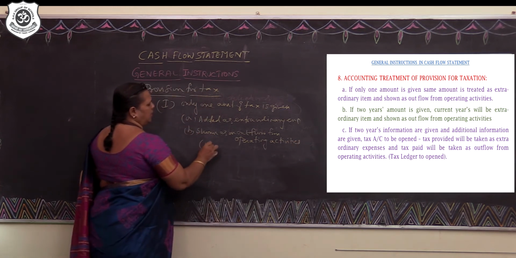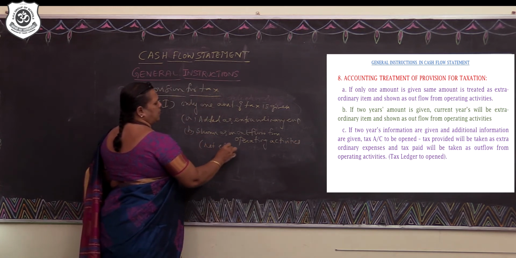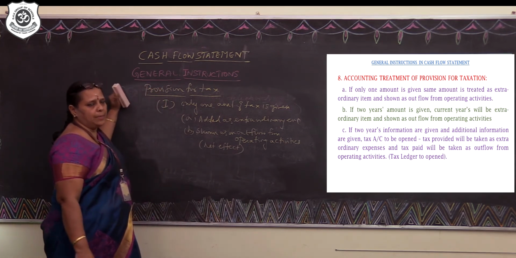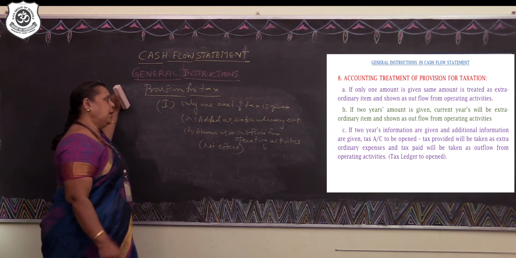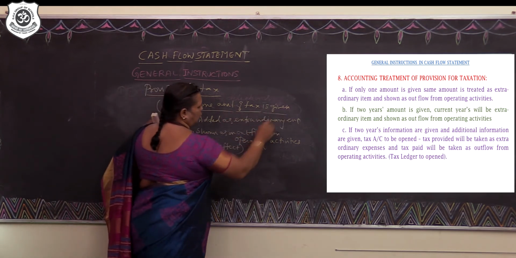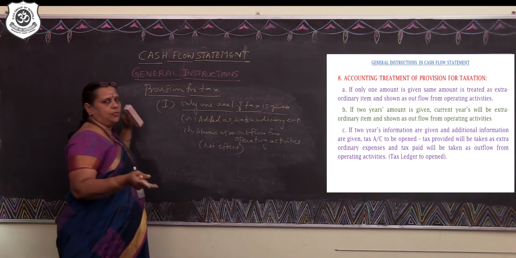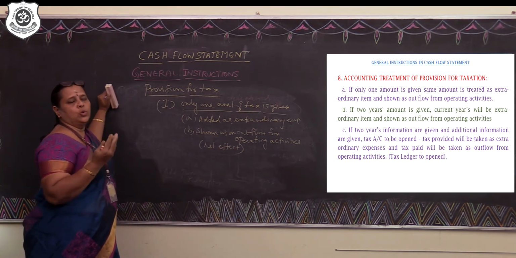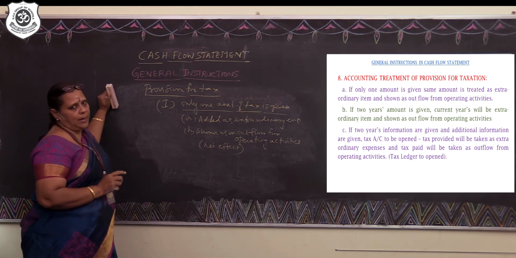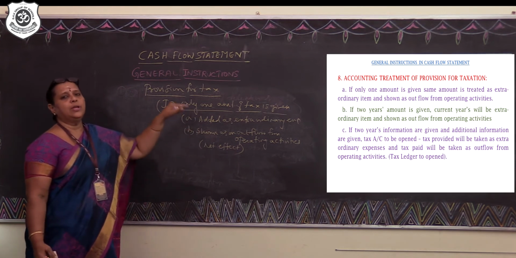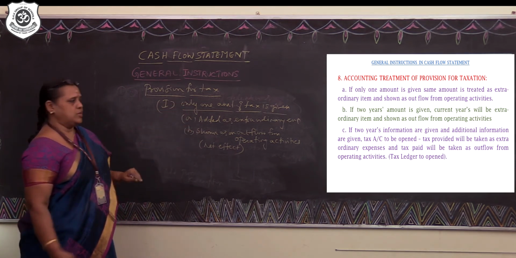Here it will be the net effect, that is total tax paid minus income tax refund if there is anything. So if only one amount of tax is given to you, the same will have two effects. One, added as an extraordinary expense, two, shown as an outflow from your operating activities, wherein you will subtract the income tax refund if it is given in the question.